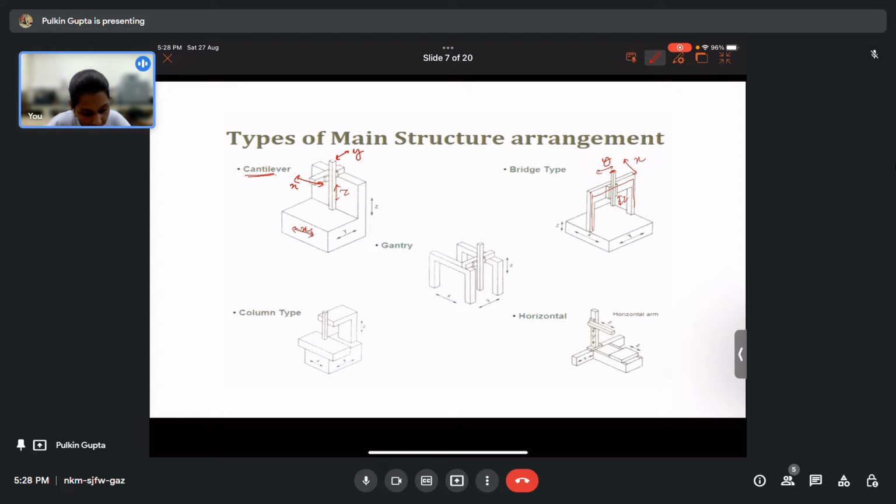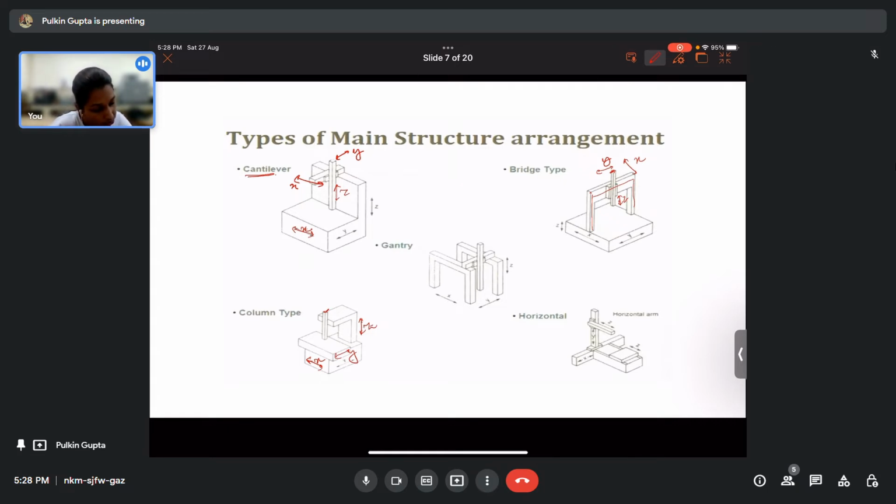Now we have a column type. So this is movement along X for this bar, and this moves along Y also. Okay, so this base moves along Y and this moves along Z, up and down.